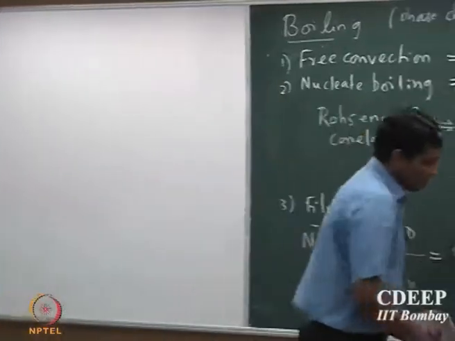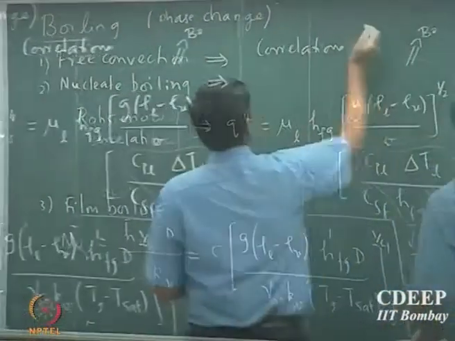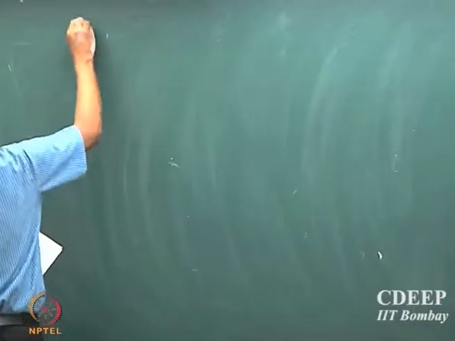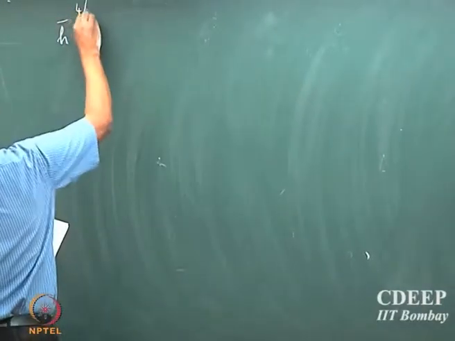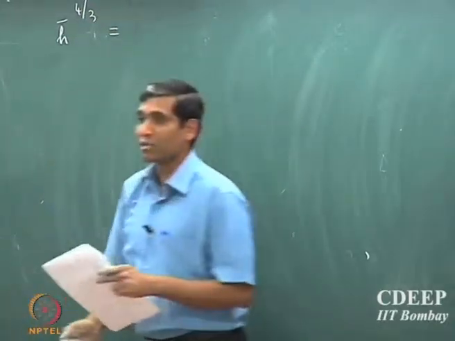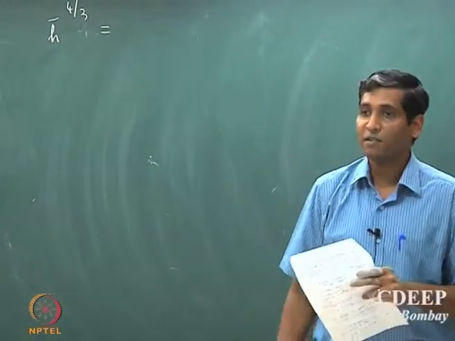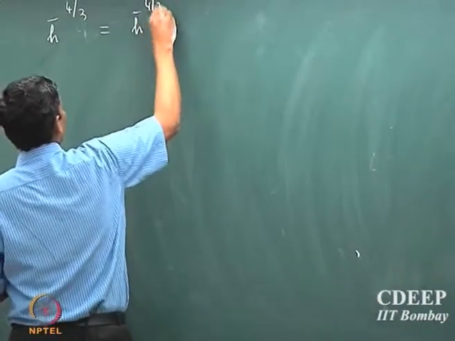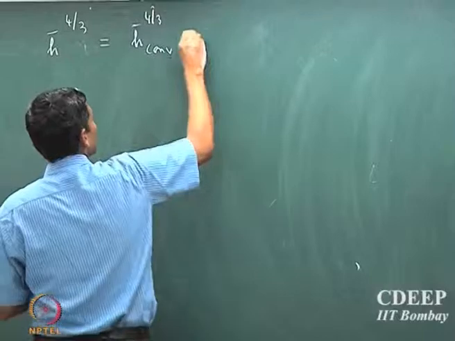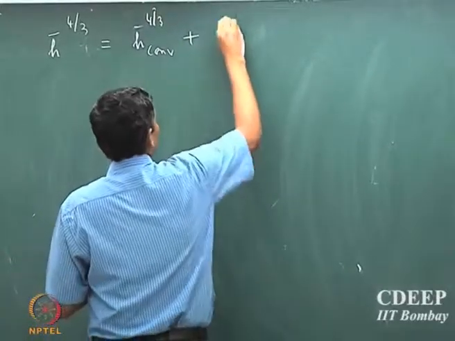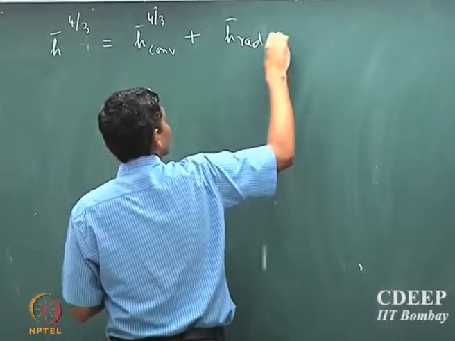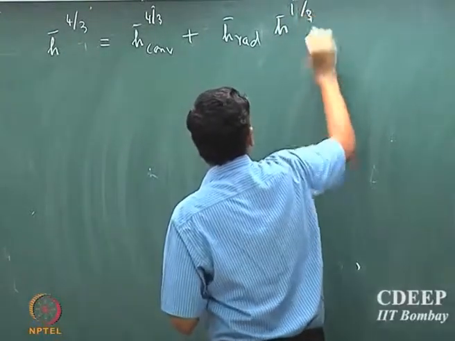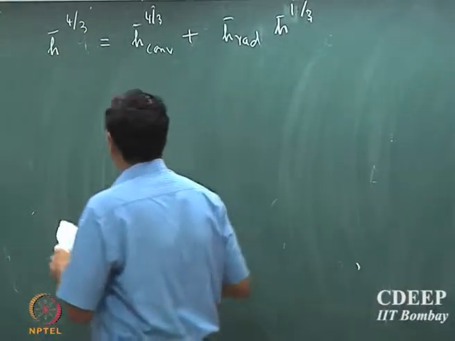Suppose you have the radiation mode of heat transport also, then the overall heat transport coefficient, H bar, is related as H bar to the power of 4 by 3 equals H bar convection to the power of 4 by 3 plus H bar radiation into H bar to the power of 1 by 3. Note that it's not linear.